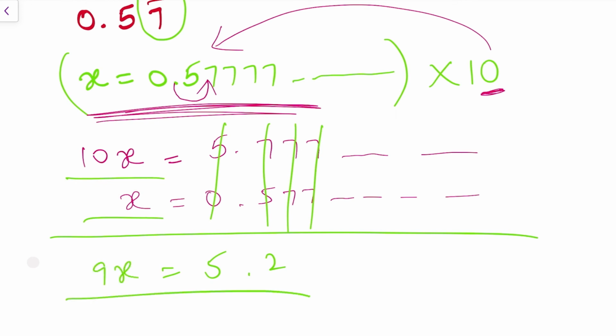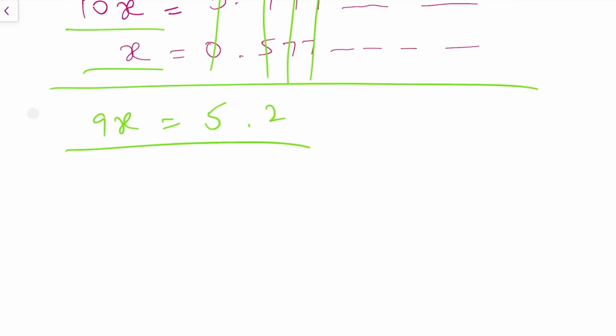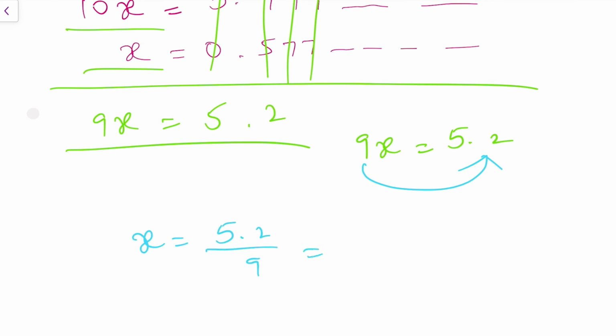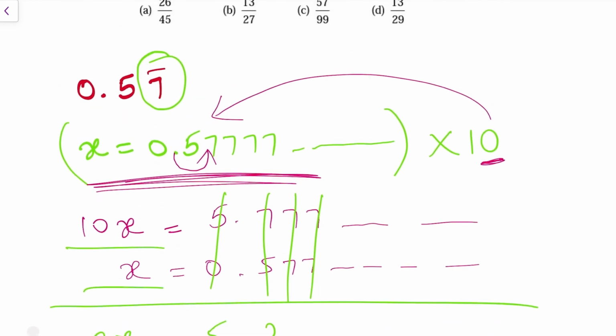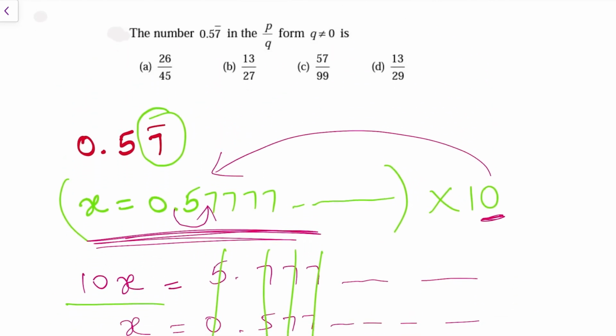So 9x equals 5.2. We need to find the x value, so take 9 to the right side. Then x equals 5.2 divided by 9. Here I am writing 5.2 as 52 by 9. Here after the decimal 1 digit is there. I remove the decimal, so that's why I keep 1 zero here. So the answer is 52 divided by 90.